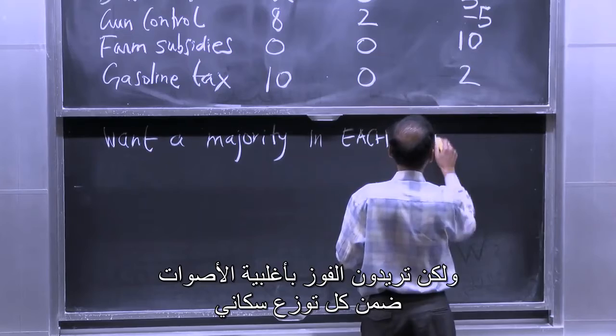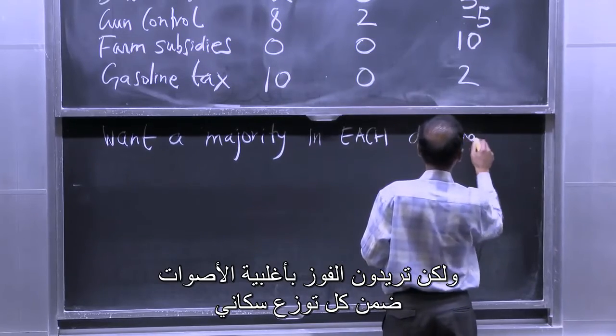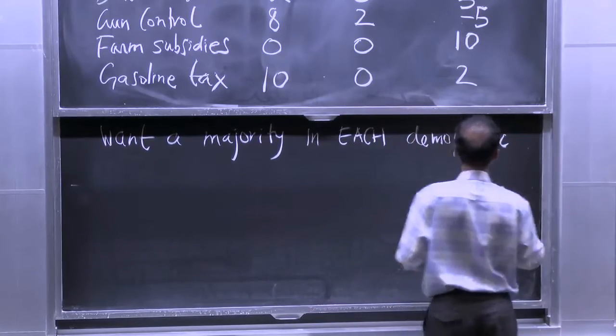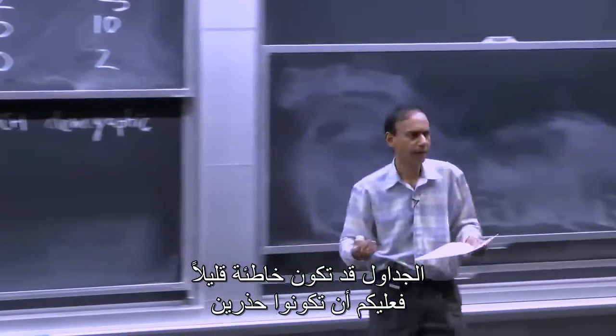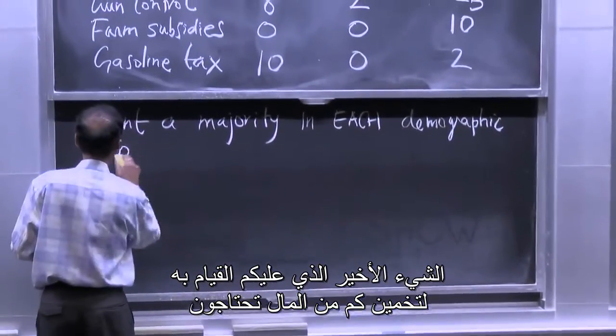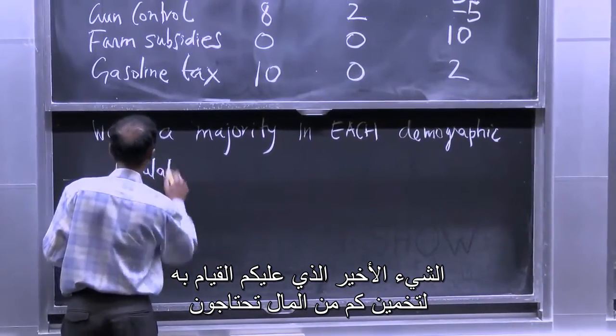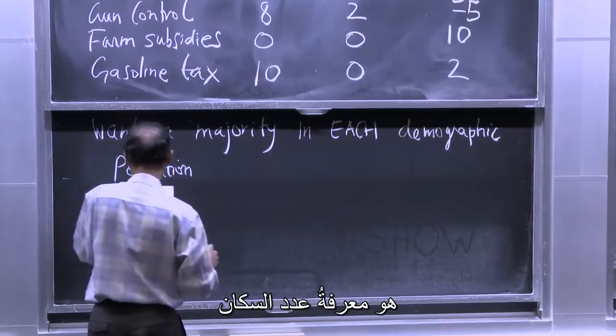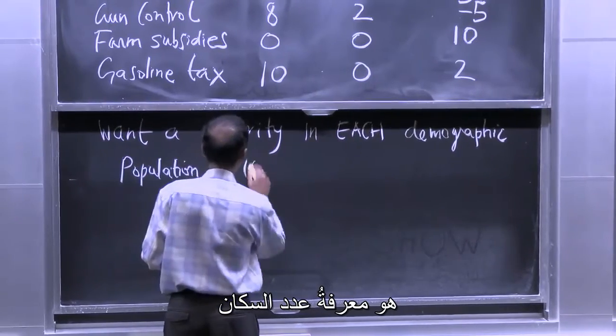victory, but you want to win a majority in every demographic, right? Because the tables may be off by a little bit. You want to be careful. So the last thing, of course, in order to estimate how much money you need is the population here.